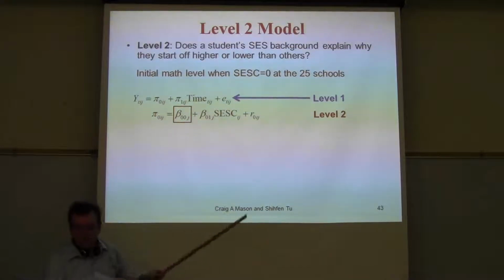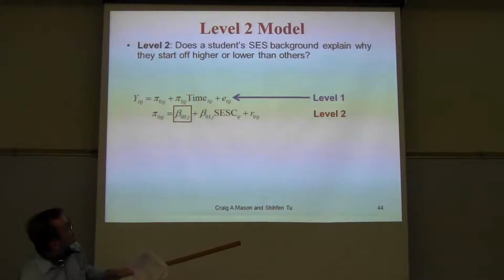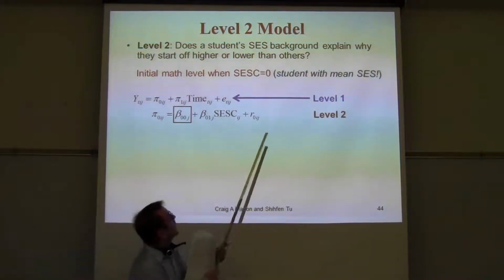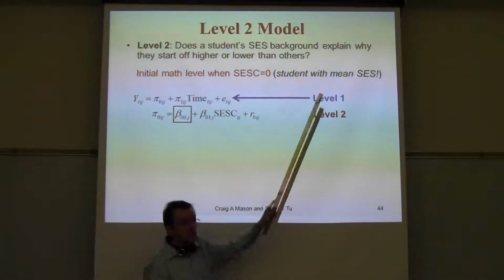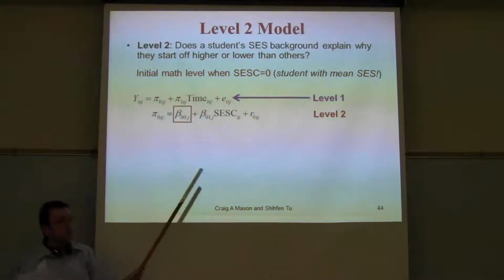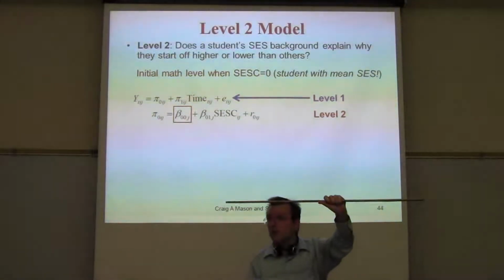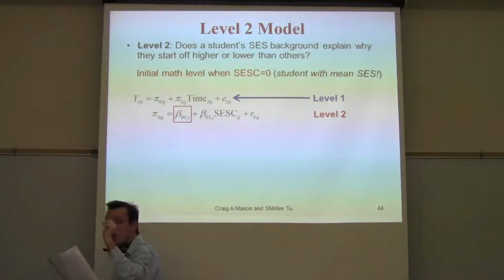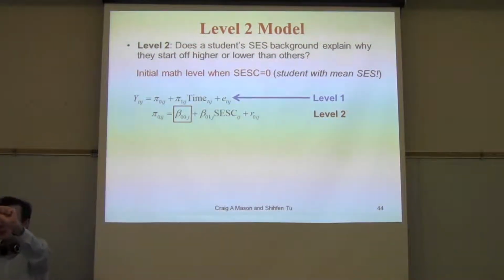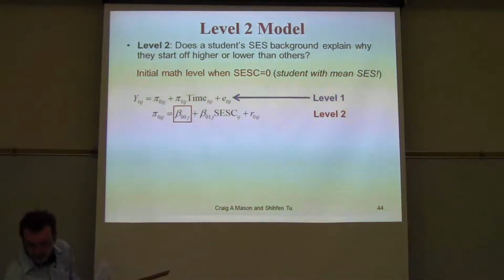When does SES equal 0? SES equals 0 when you're at the mean SES. So for each school, beta 00J is the predicted starting value for the students at the average SES. It's kind of that for the average income at your school, what's the predicted score for the average kid at your school? So that's that predicted score for the students at the mean SES.